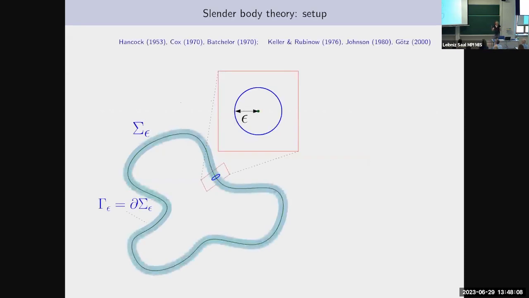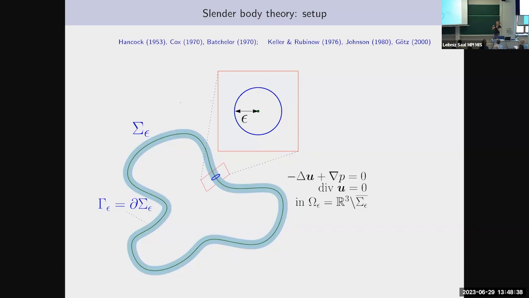The picture I want you to have in mind is that we're just going to take a snapshot in time, and start by considering a closed filament with constant radius epsilon, immersed in a three-dimensional fluid domain. Outside of the filament we have our very viscous fluid, which is very well approximated by the Stokes equations, since we're at such a small scale.